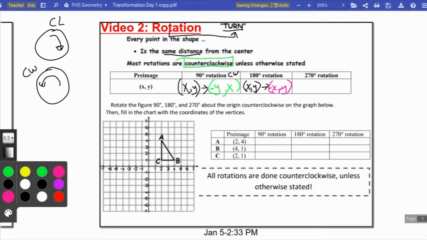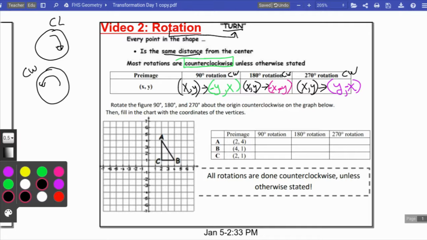For 270, also counterclockwise, (x, y) goes to (y, -x). The letters switch on this one, but this time you make the right side negative. That's a rule I just want you to memorize for now, or if not, don't worry, I'll put it on the board.